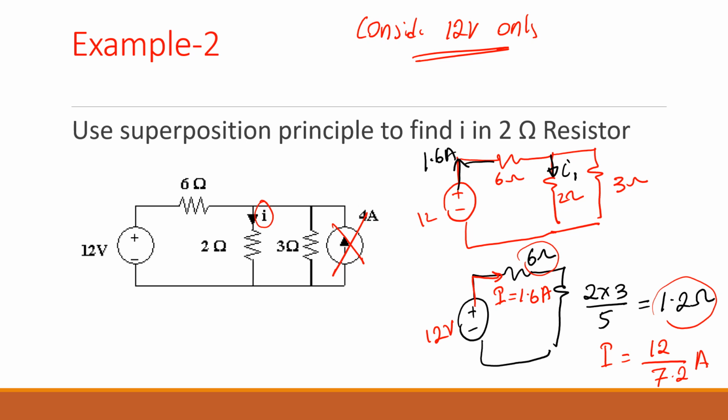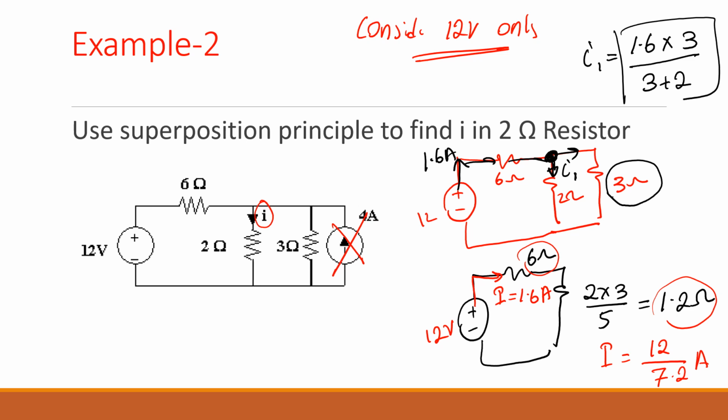So it is going like this. When coming to this node, current division rule, can you find the I1? How is this 1.6 splitting between 2 and 3? Do you remember the current division rule from week 1? So what it says, total current, which is 1.6, times the opposite resistance, which is 3 divided by 3 plus 2. So that will give you the current across the 2 ohms.